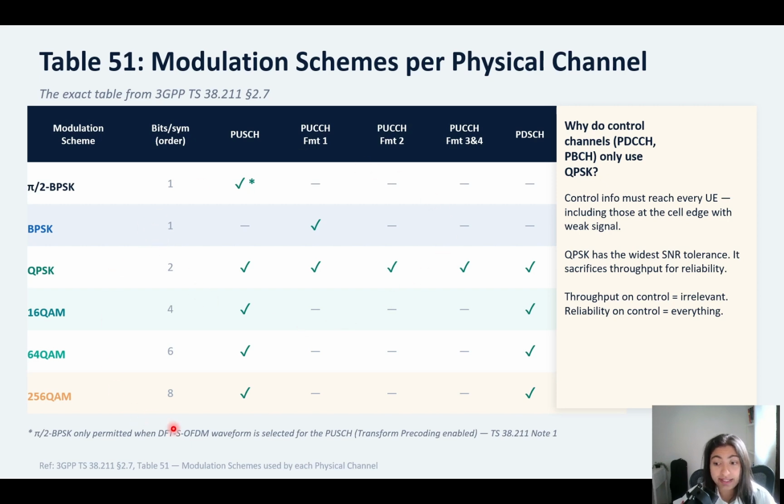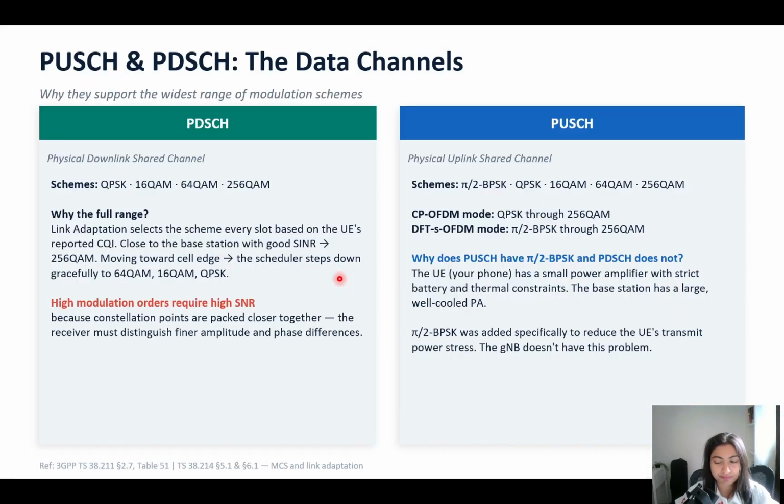Every entry in this table reflects a trade-off between spectral efficiency and reliability. Thus, we have our data channels, PUSCH and PDSCH. They carry your data, your video, your files and everything. And they support the full range of modulation orders specifically because they are scheduled resources.